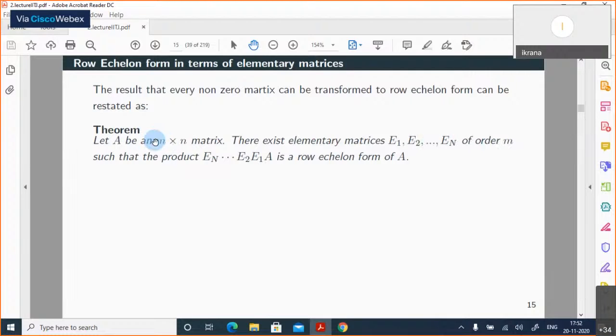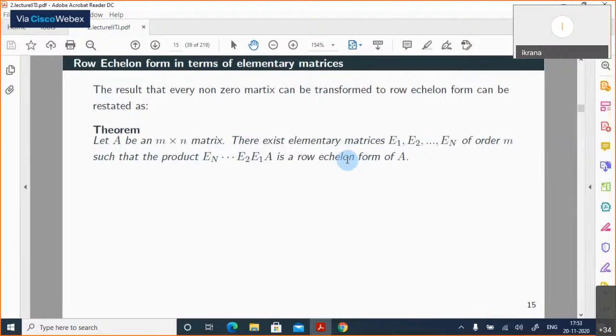M is the number of rows, such that if I look at A multiplied on the left by some elementary matrix, depending on A, there will be a finite number of elementary matrices if I keep on doing that. These correspond to the number of row operations which finally bring it to a row equivalent form.